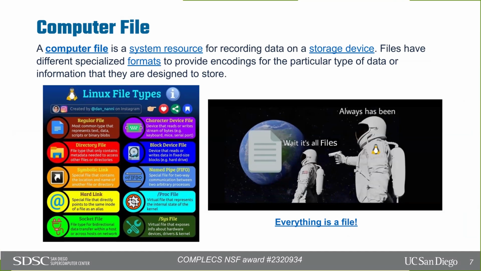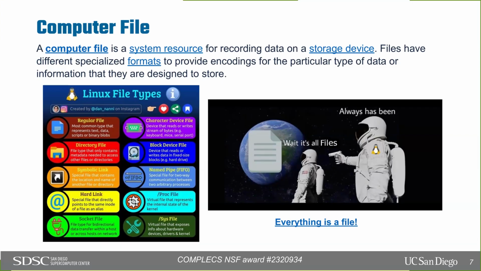And when we talk about storage on computing systems, though, we very intuitively understand what a computer file is. That's usually what we're talking about when we're talking about storing data on a computing system.